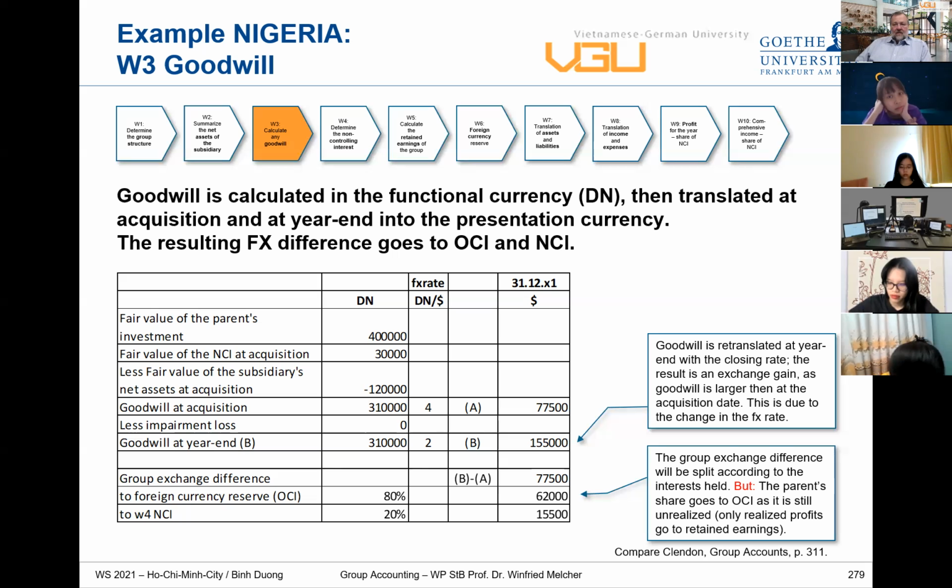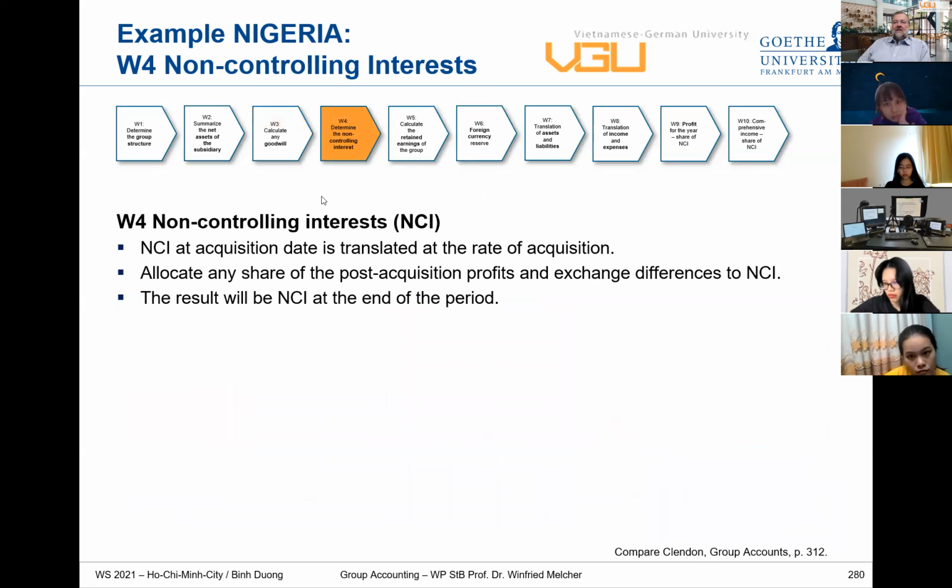We will determine what is the goodwill at acquisition, and then from time to time, we will retranslate the goodwill into the presentation currency. Doing that, we will end up with a difference, which is the group exchange difference. That is a foreign currency difference that relates to the parent and also to the non-controlling interests. So we split that, and then we can go to determine what are the non-controlling interests at year end.